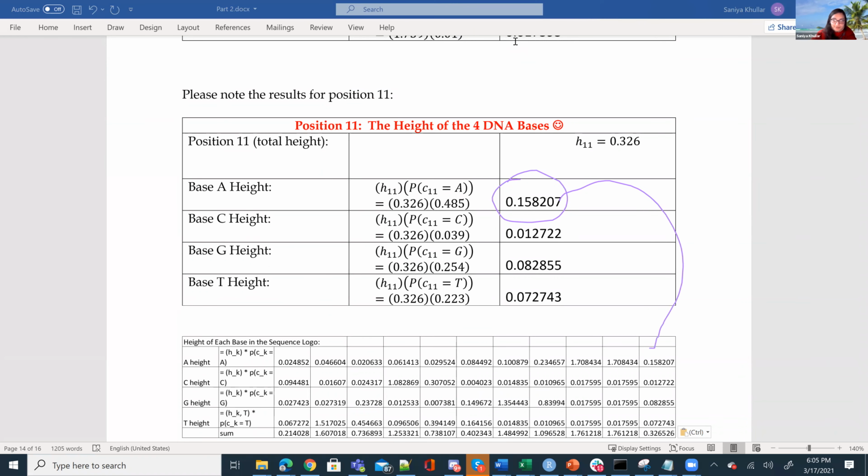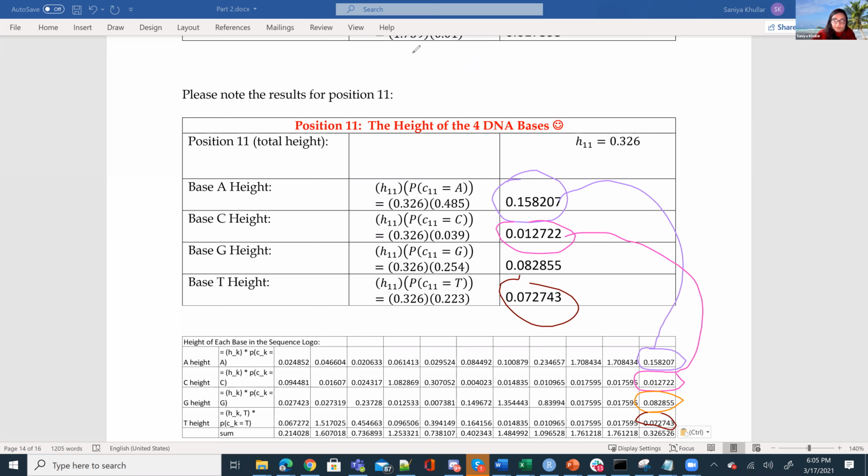So just to explain again what this is: this is the height in this final position. This part here is the C, and then this is the T. Oh wait, sorry, this should be the, yeah.